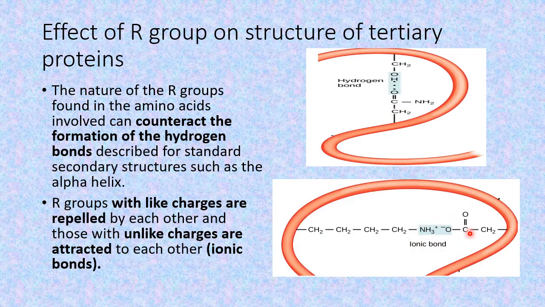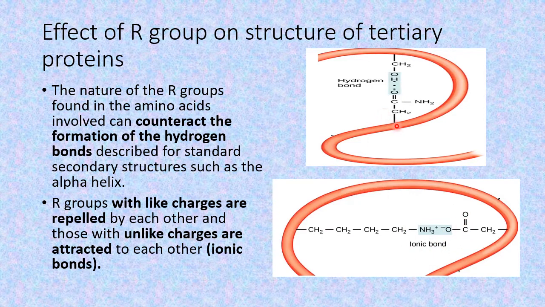If ionic side chains are present, that is, positively charged, like charges near each other will repel each other. However, if unlike charges, the positive and negative charges of the side chains, are near each other, then they will form specific bonds.